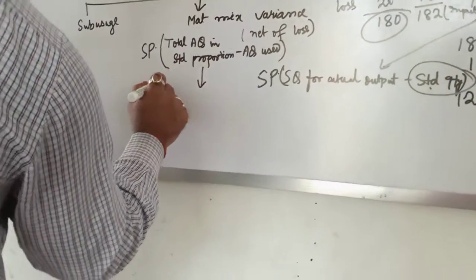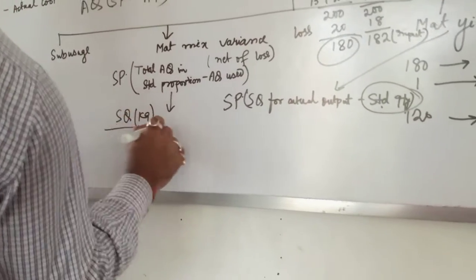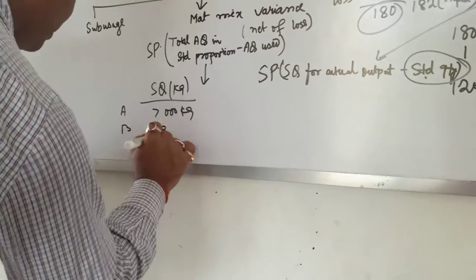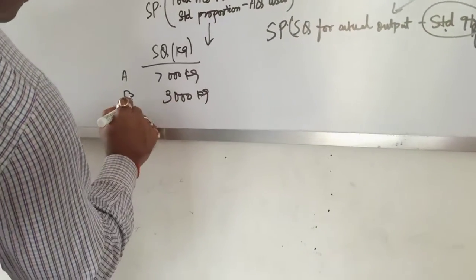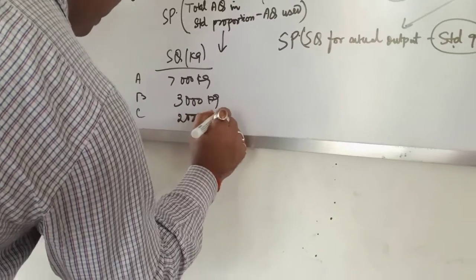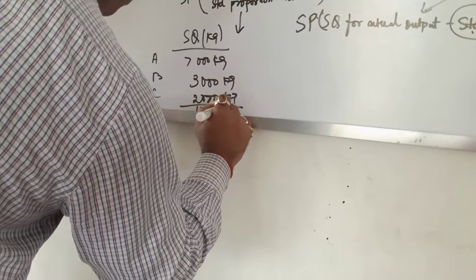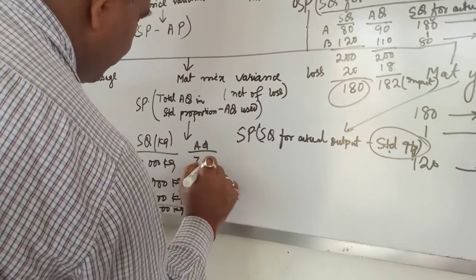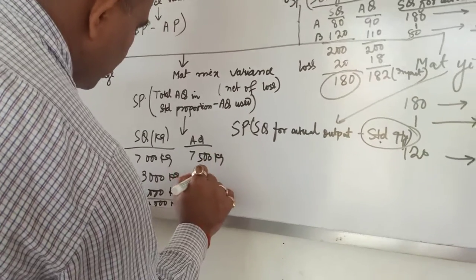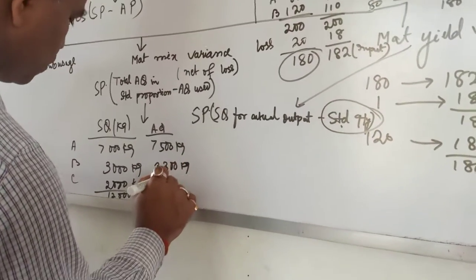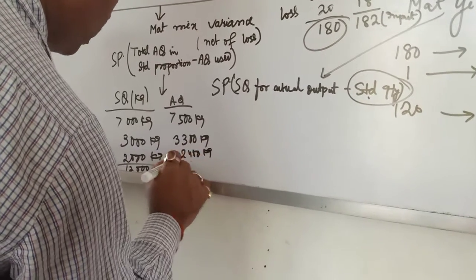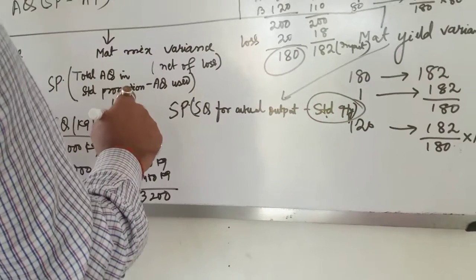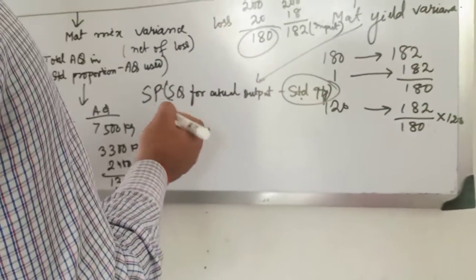Say for example, the standard quantity is 7,000 kg for material A, 3,000 kg for material B, and 2,000 kg for material C. Total is 12,000 kg standard quantity. Now the actual quantity is 7,500 kg, 3,300 kg and 2,400 kg. Total is 13,200. How can we make the total actual quantity in standard proportion? Just by the unitary method.